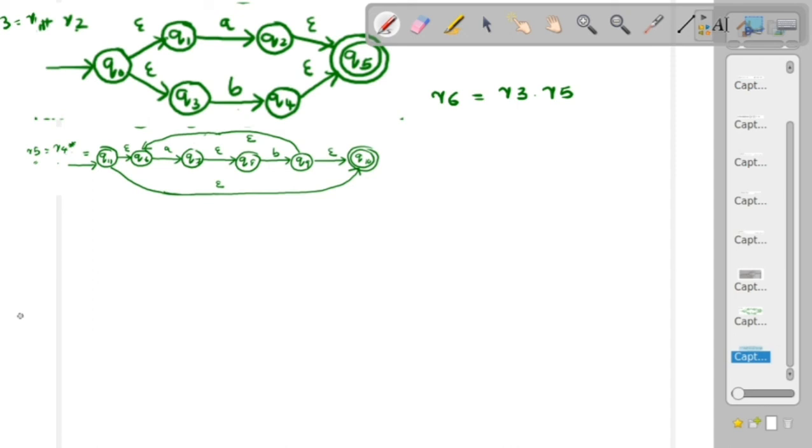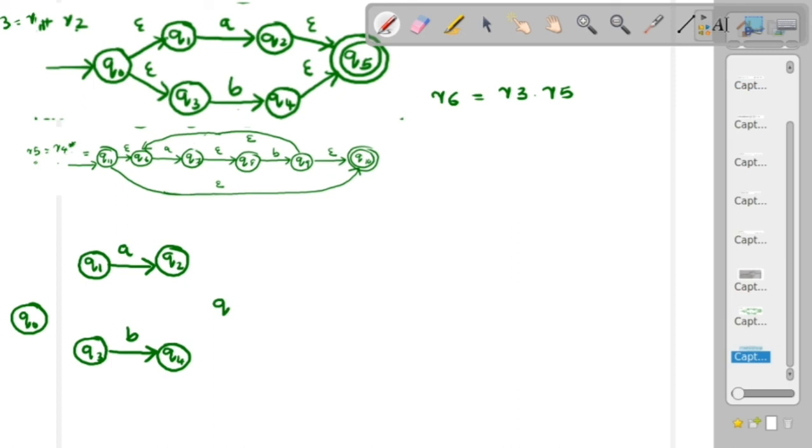So that means here it is Q0, Q1, Q2, here it is the A transition, and Q3, Q4, here it is the B transition, then Q5 becomes a non-final state. Okay, then we draw the R5.